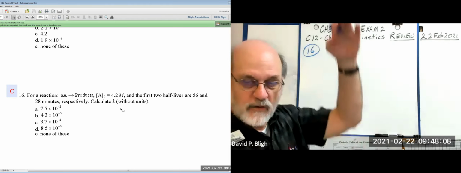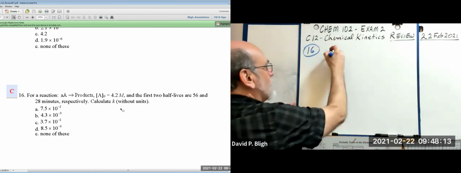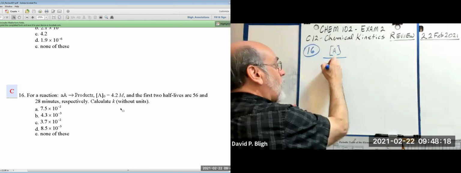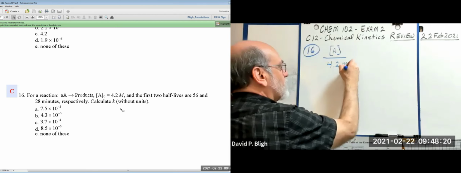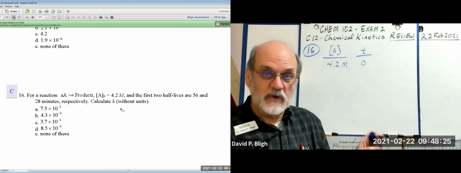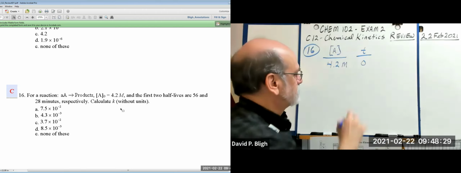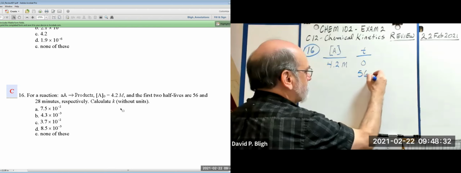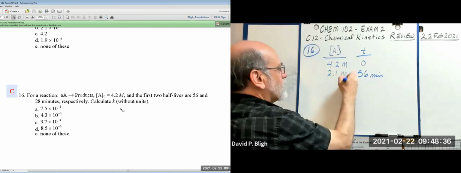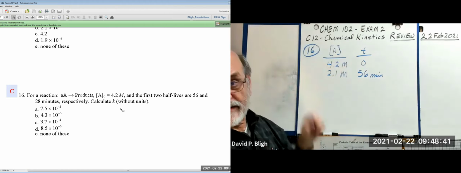If we were watching the reaction over time, then this is what we would see. We would have the A concentration here. We would start at 4.2 molar, and the time would be 0. Okay? So the first half-life lasts 56 minutes. And that means you would only have 2.1 molar remaining. Right? Half of it disappeared in that amount of time.